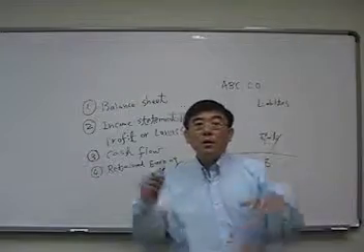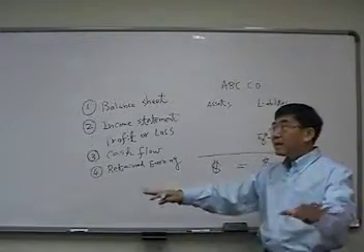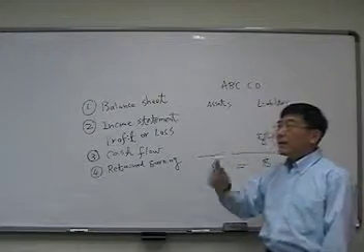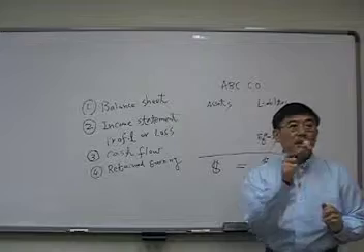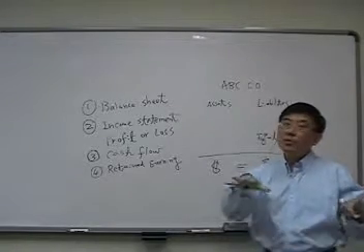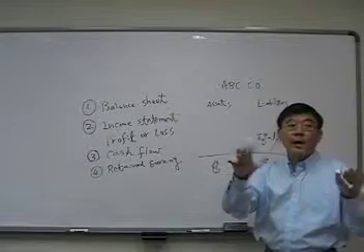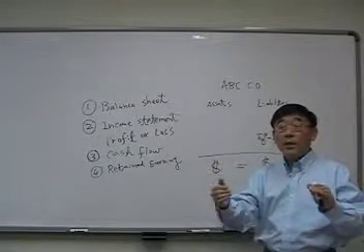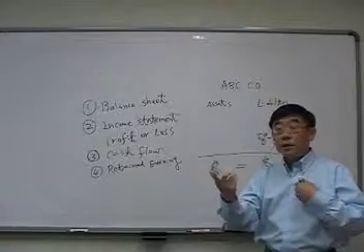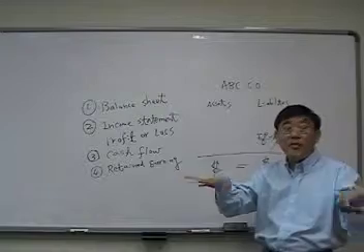One more time, when we talk about the balance sheet, the basic idea is that A equals L plus E. But you need to memorize A means assets, L means liability, E means equity. So you have this concept and you will never forget it for your whole life.